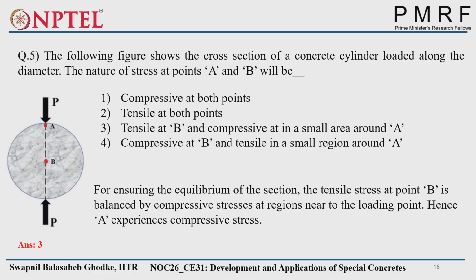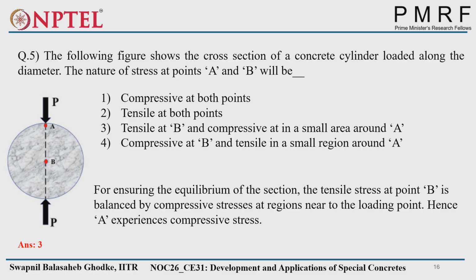So why does it happen? To ensure the equilibrium of the section, the section should be in equilibrium. So the tensile stress at point B is balanced by the compressive stress in the small area surrounding point A. And that's why A is in compression and B is in tension.